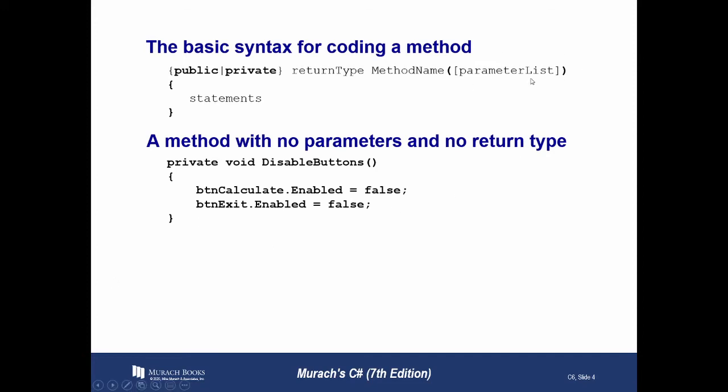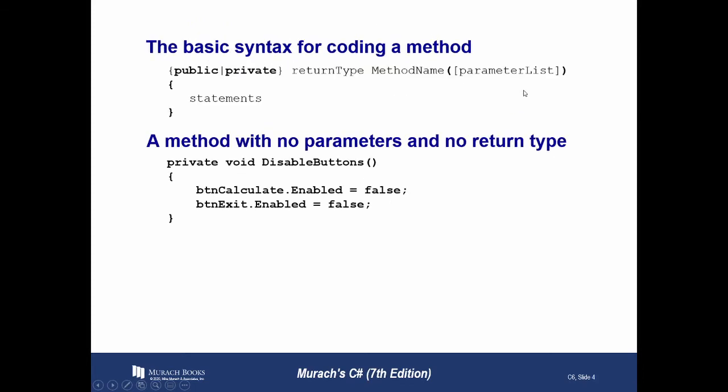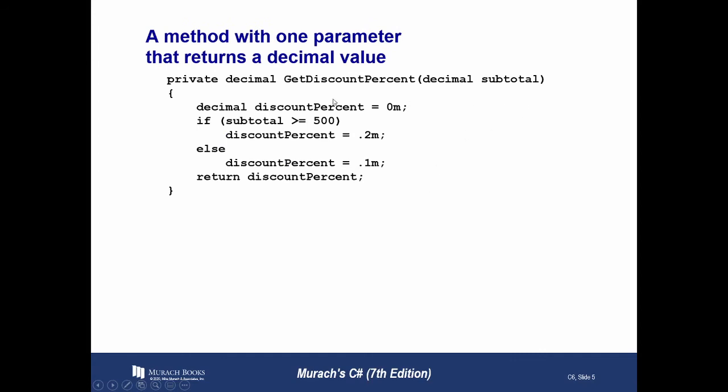And to be clear, the difference between the parameter list and the argument list is that the parameter is what we define when we write the function, and the argument is what gets passed into it after, when we're calling the function itself. In this particular case, this is a private function, and we've got the return type of the function itself.